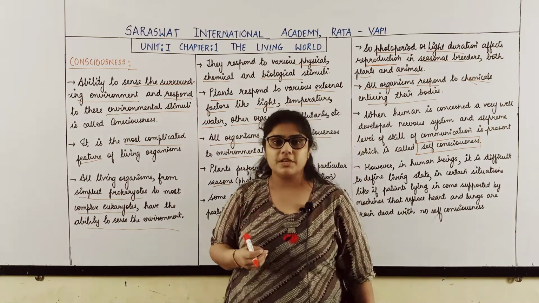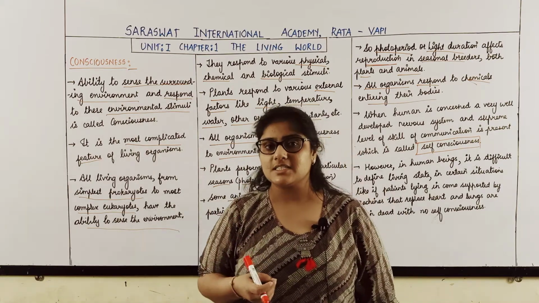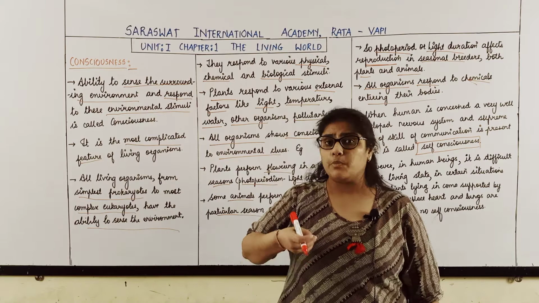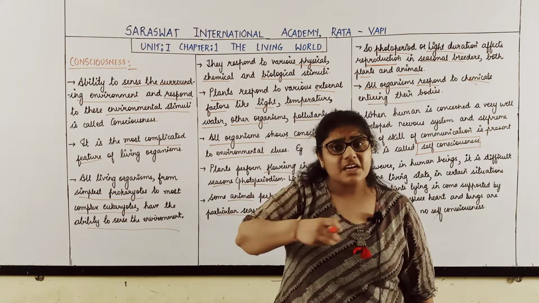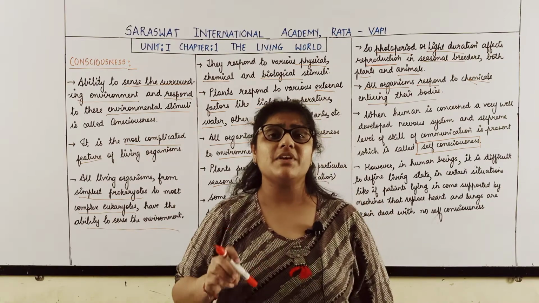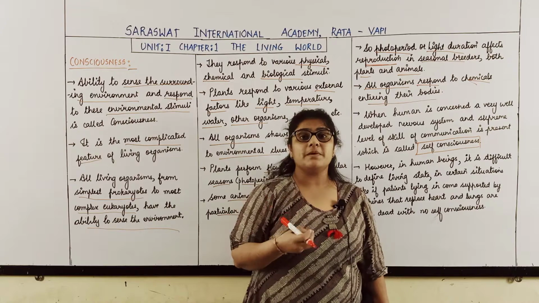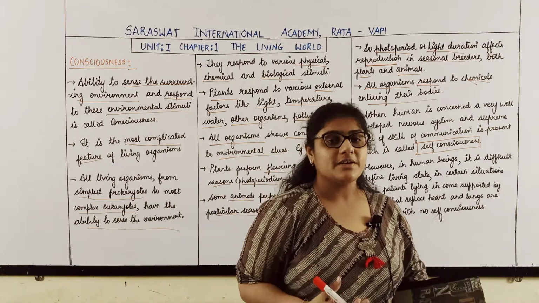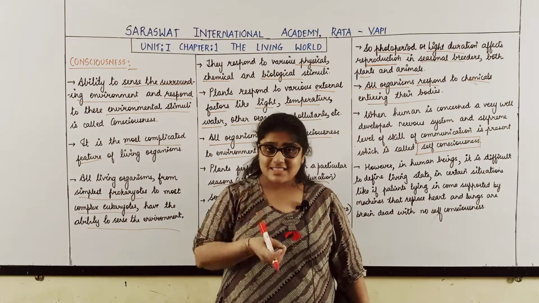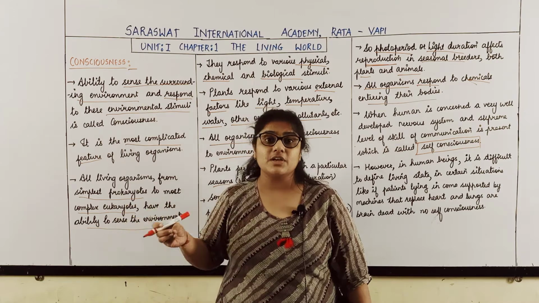That is, we know that we have a brain, a spinal cord, and nerves. So our nervous system is very well developed. As well, we have developed the skill of communication. We are able to communicate with each other, right? This ability is not present in any other living organisms.